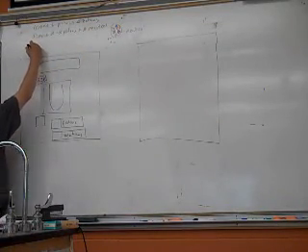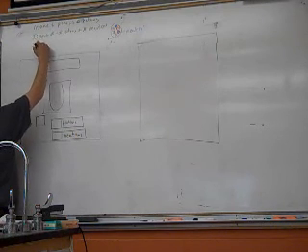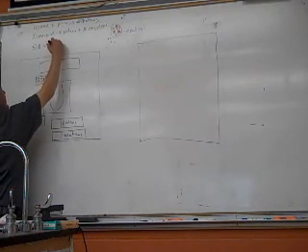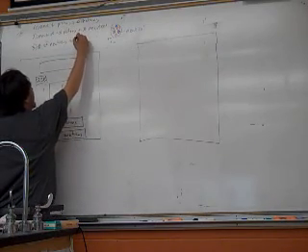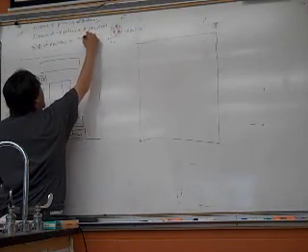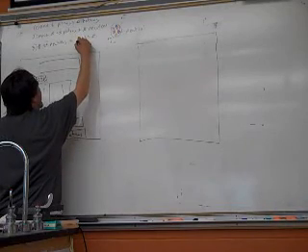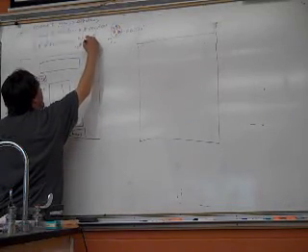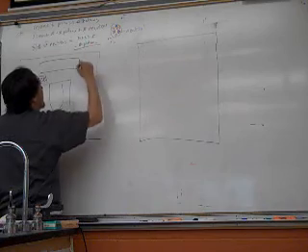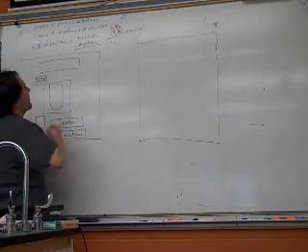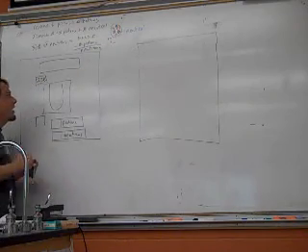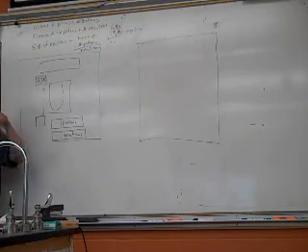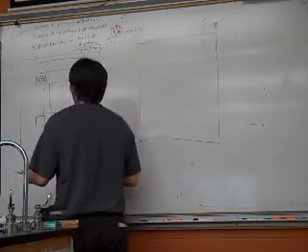And if you want to figure out the number of neutrons, that's equal to the mass number minus the number of protons. Okay, so there's that, and so I'll start with that.